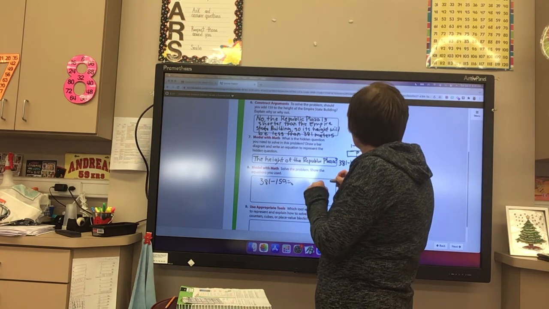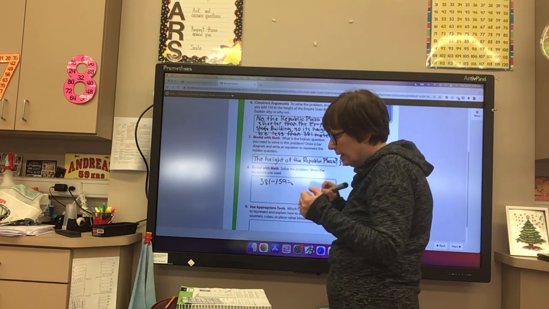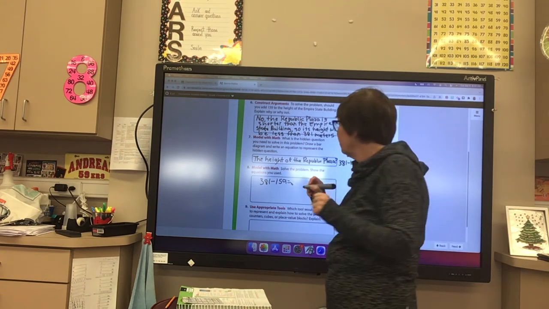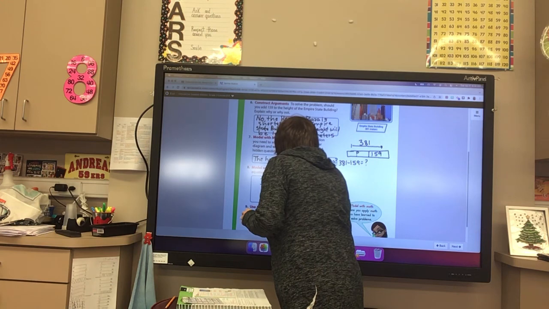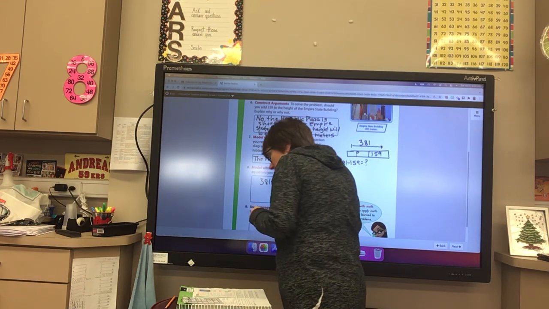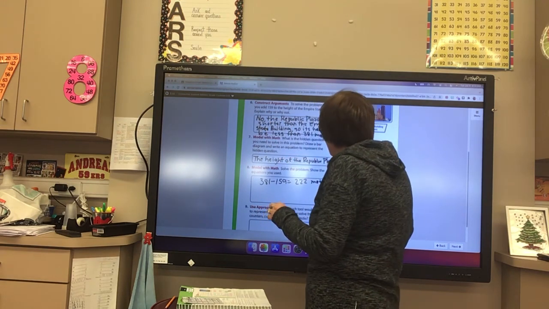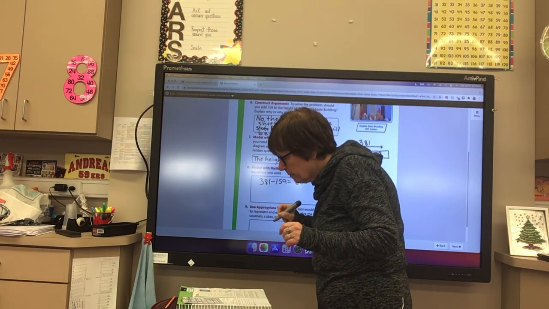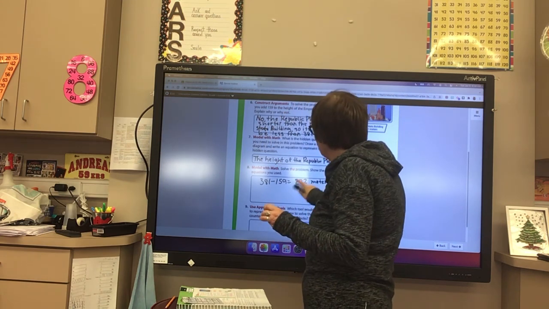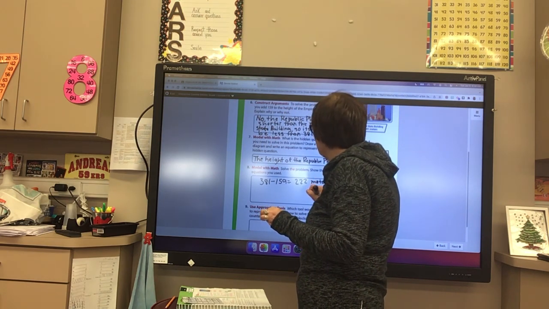Okay. Did you figure it out? It is 222 meters. 381 minus 159 is 222 meters.